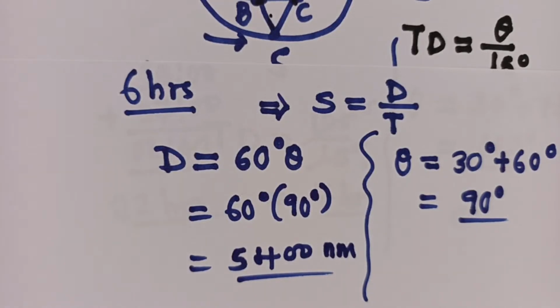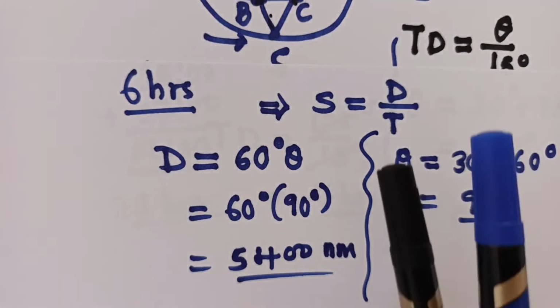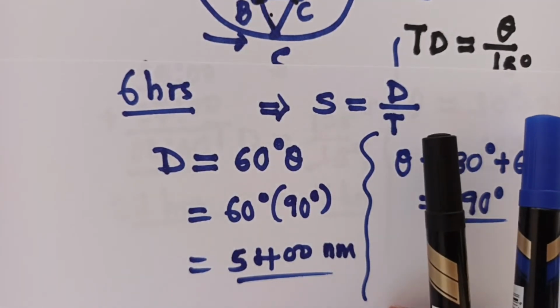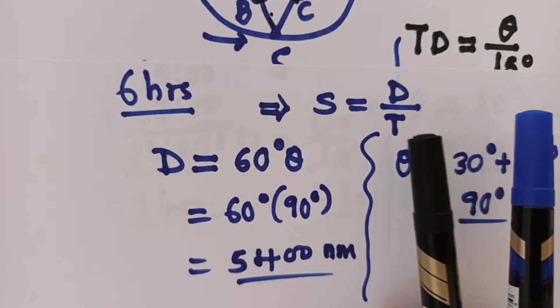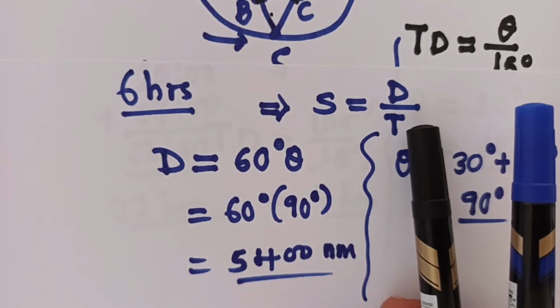So that's the distance that we found. Let me just go through for the sake of those people who are just joining us right now, so that they are not left behind. When finding speed, you use the formula: speed is equal to distance over time.